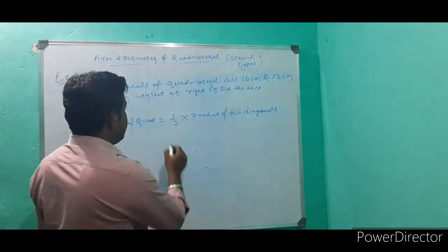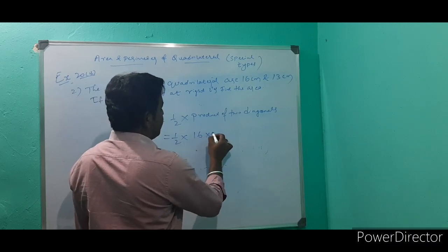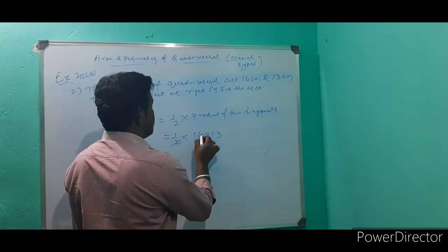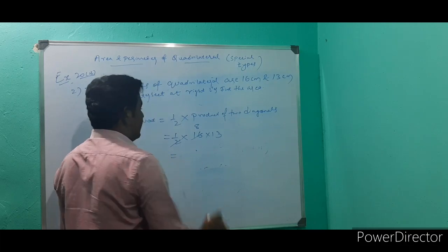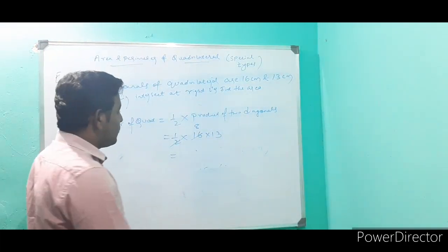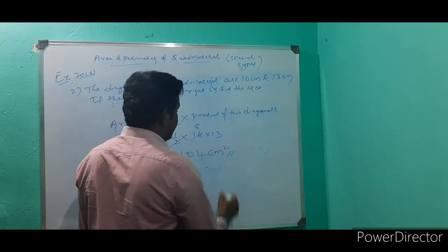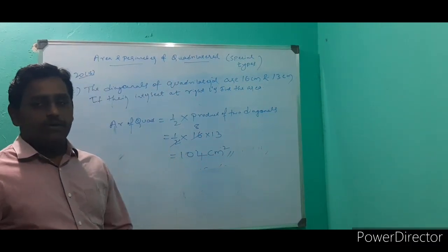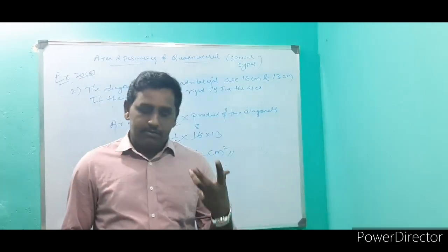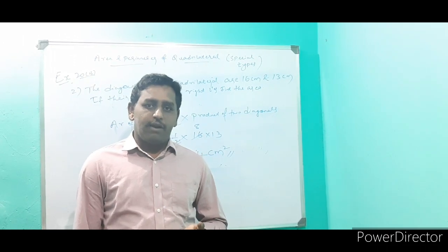Half into 16 into 13. Half of 16 is 8, and 13 eights are 104 centimeter square.